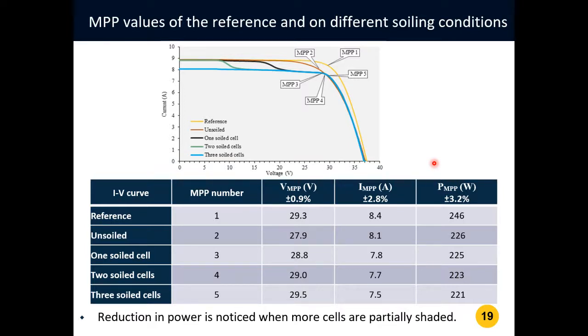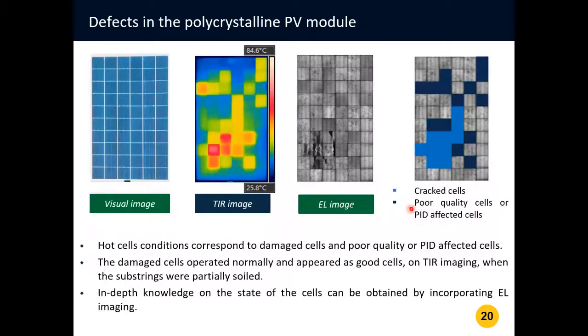Okay, the EL image of the module shows dark cells and cracked cells, which correspond to hot cells.